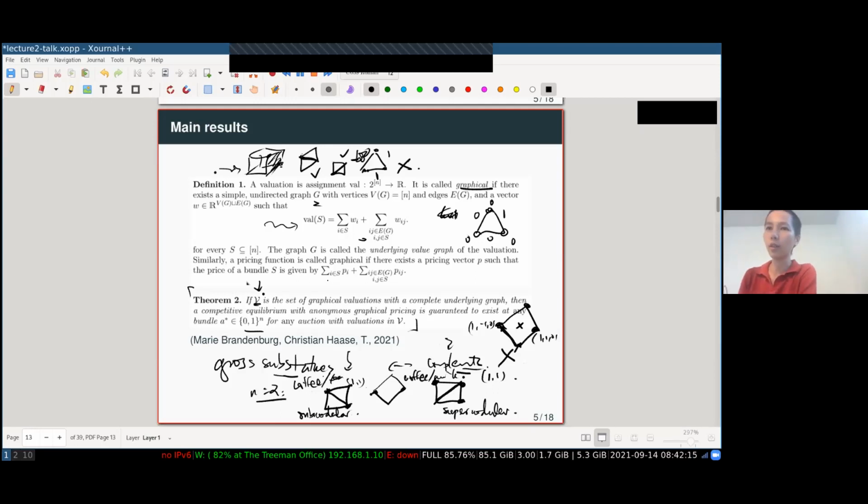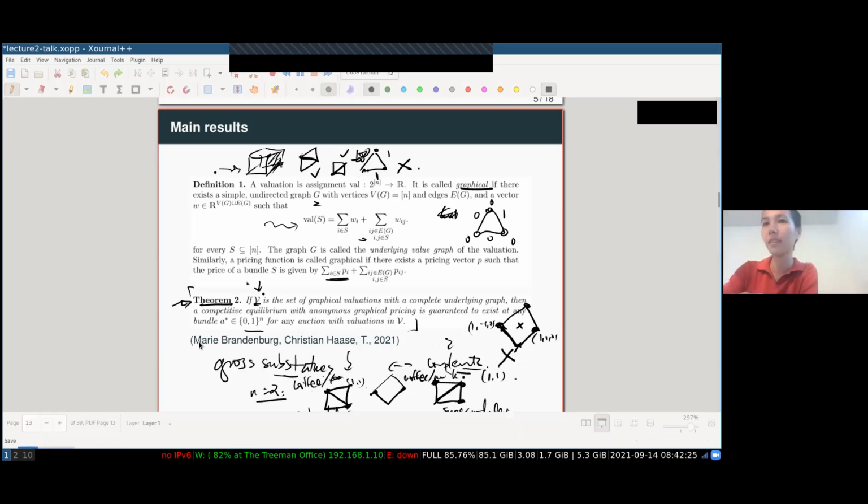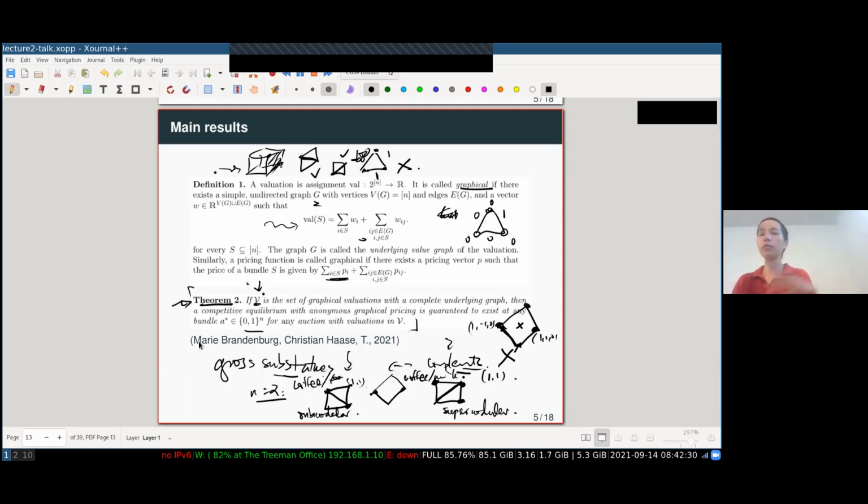And as long as your pricing is graphical, this theorem says that you can find a price vector to get competitive equilibrium. So it gives you more flexibility for the agents to participate in your auctions, which hopefully is better for everyone. I hope I answered that. Okay, any other questions?